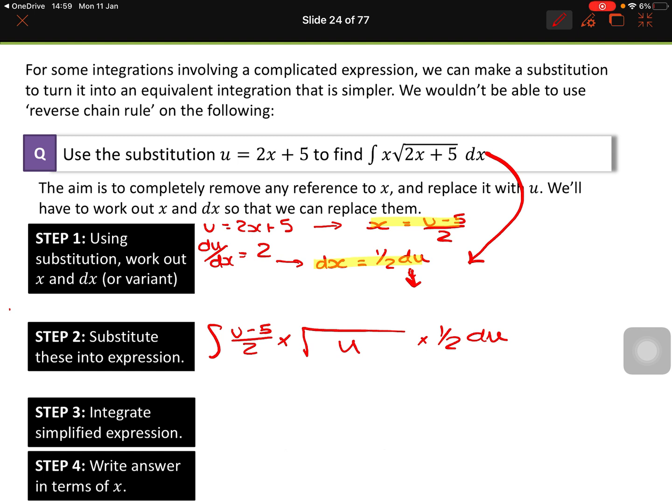We're going to tidy this up a little bit. We've got a half and a half there, so we end up with a quarter.